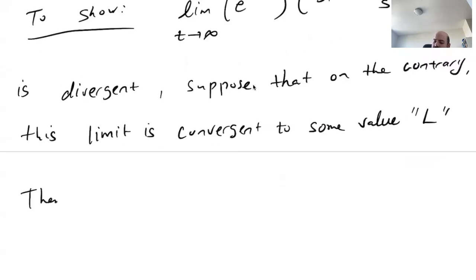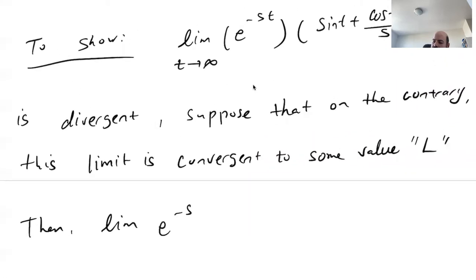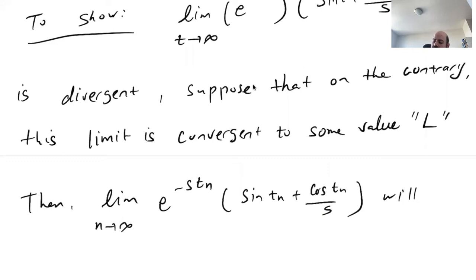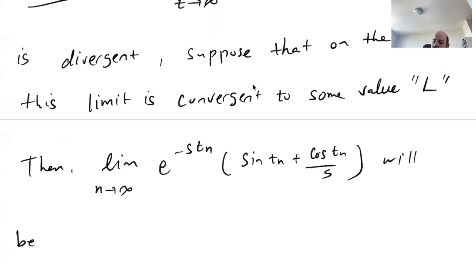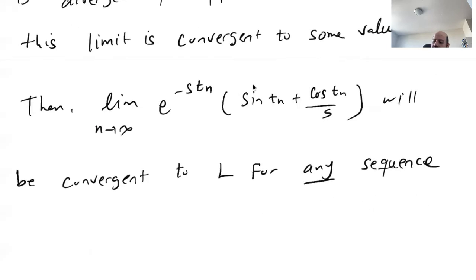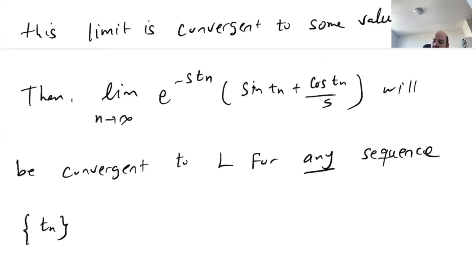Then we can say the limit of e to power minus s Tn times sine Tn plus cos Tn divided by s as n goes to infinity will be also convergent to L for any sequence Tn with Tn goes to infinity.